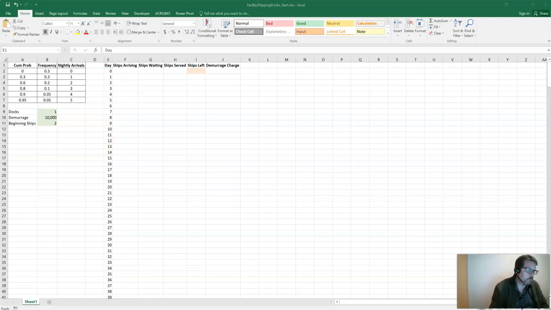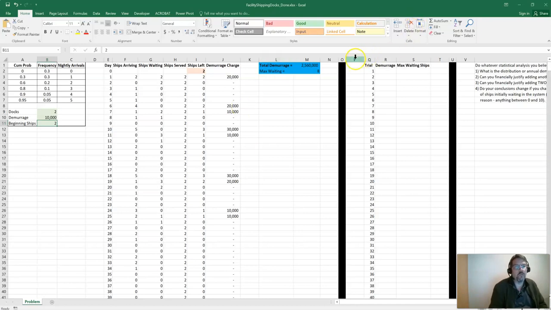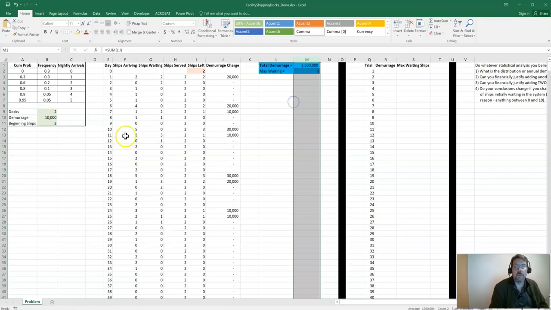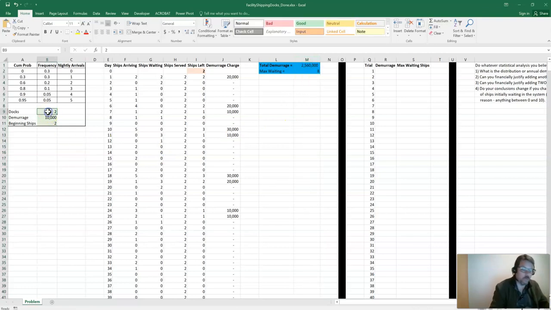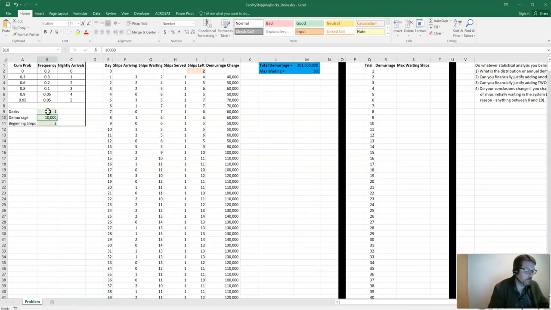I'll show you part of the solution so you kind of know where this is going. We haven't talked about how to do multiple trials yet. That's coming. But this is a completed single trial model all the way over to column M. If you have only one dock and you model an entire year, it gets pretty expensive.